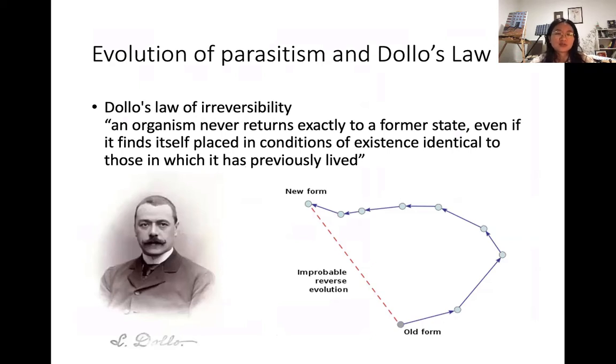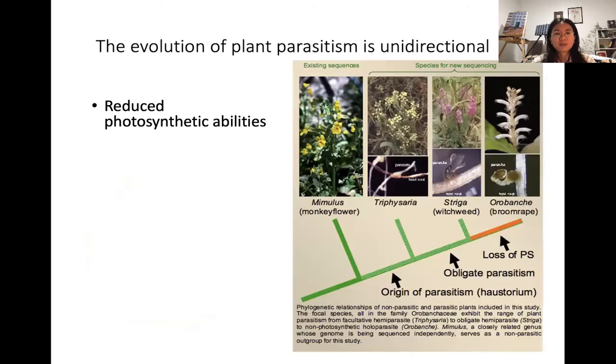Dollo's law says an organism would never return exactly to a former state, even if it finds itself placed in a condition that was exactly as the ancestral state. Basically, once a plant becomes a parasite, it cannot go back to being free living again.